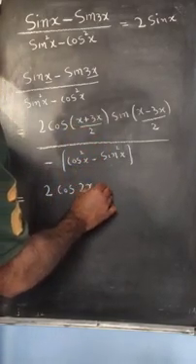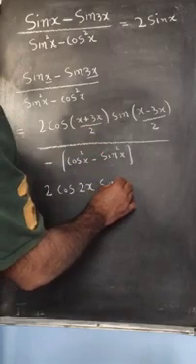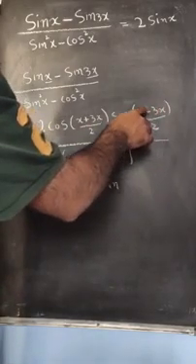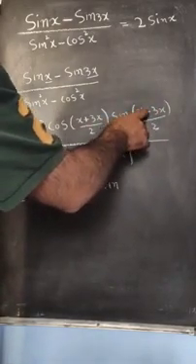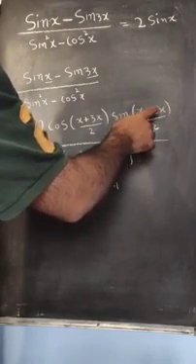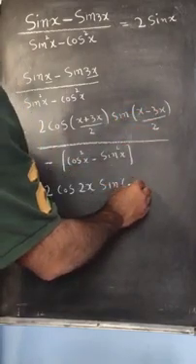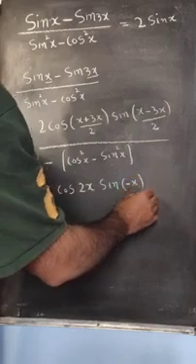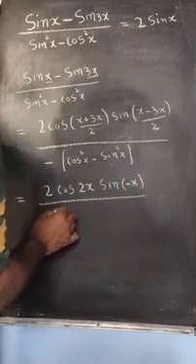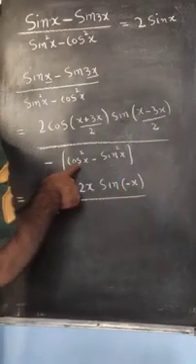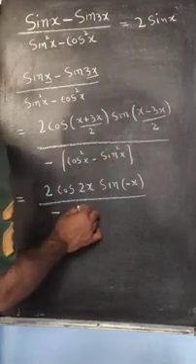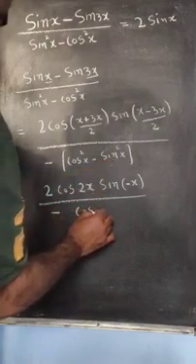So it is twice cos 2x sine of 3x plus x minus 3x, that is minus 2x. Minus 2x divided by 2 is minus x. So we get sine of minus x, divided by minus times cosine square x minus sine square x, which is cosine of 2x.